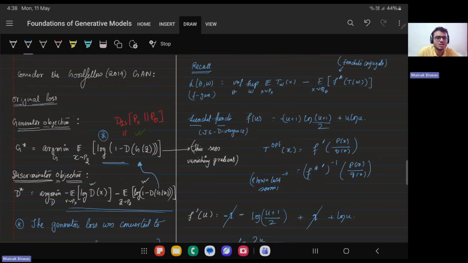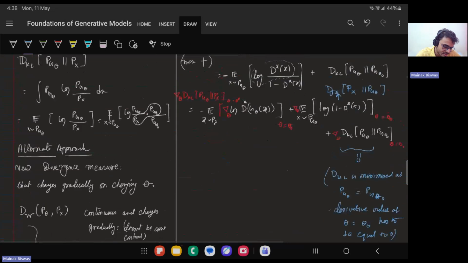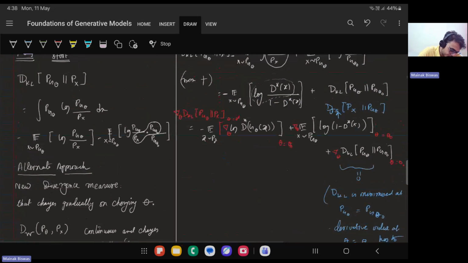This is my JS divergence loss for the generator, which I have shown multiple times in sessions 7 and 8, that this is equal to the JS divergence, both in terms of f-GAN and also by optimizing the optimal discriminator. So I've shown that it is equal to optimizing the JS divergence. So this becomes the gradient of, or we can write the negative of, the Goodfellow GAN log of D star of G of z, at theta equal to theta 0.